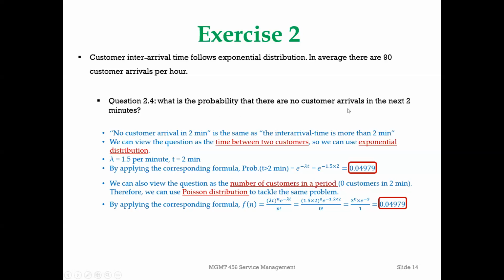For most other questions, you have to use either exponential or Poisson distribution specifically. But when you see a question structured like this, no customer arrival in a time period, you can consider either exponential or Poisson. Regardless of which one you use, the solution will be the same, like in this case.